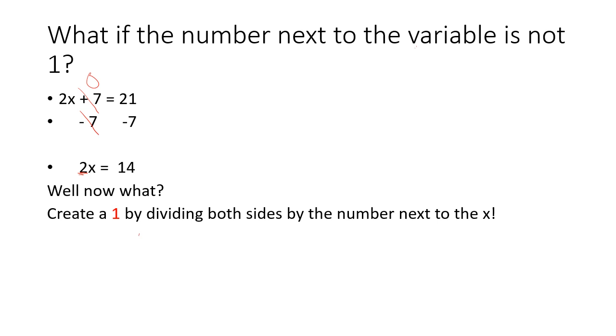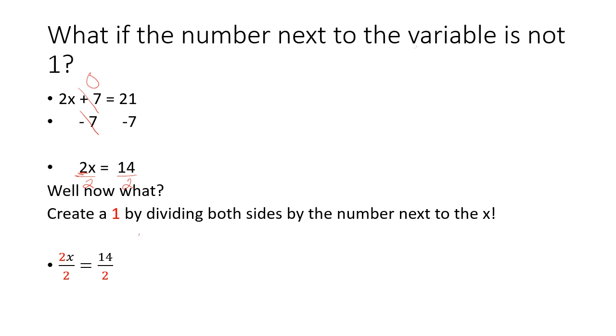In this case, we have a 2 here, so we're going to divide both sides by 2. Whatever number is next to the x, that's what we divide both sides of the equation by.